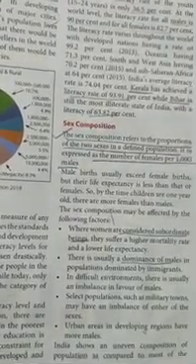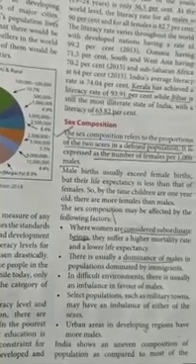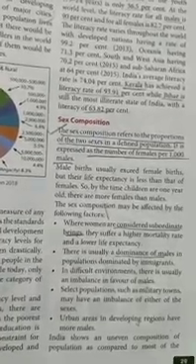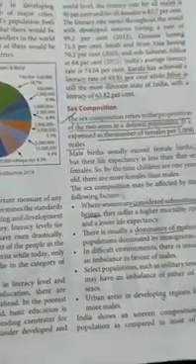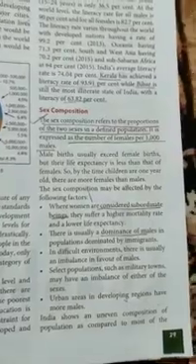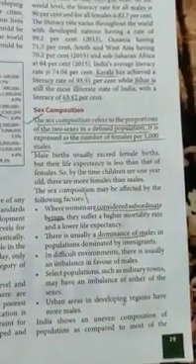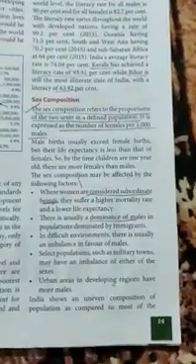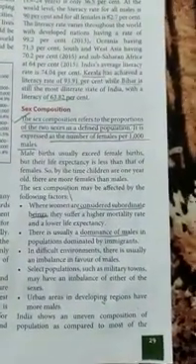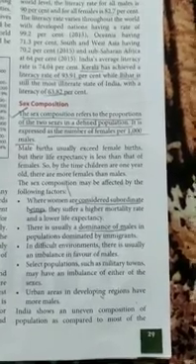In difficult environments, there is usually an imbalance in favor of males. So in environments which are difficult, not that easy, there is an imbalance in favor of males. Selective populations such as military towns may have an imbalance of either of the sexes.